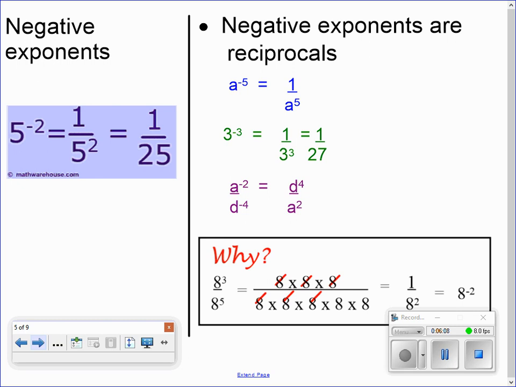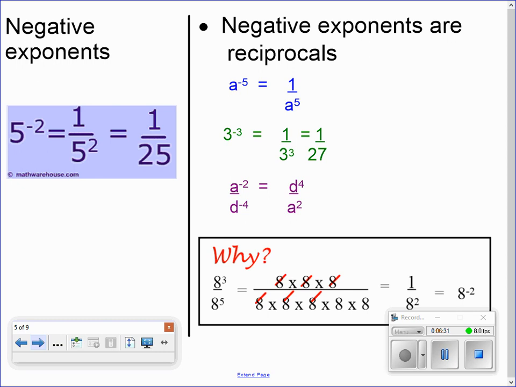So what we have is 1 over a to the 5th power. If we look at 3 to the negative 3rd, again, it's a negative exponent, so that tells me to look at the reciprocal. So instead of 3, we want to look at 1/3. And then the 3 says, now raise 1/3 to the power of 3. So that'd be 1/3 cubed, which would be 1 over 27.